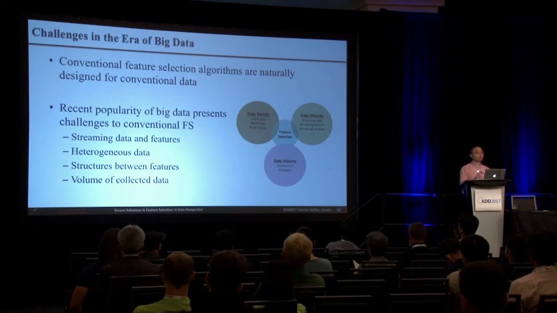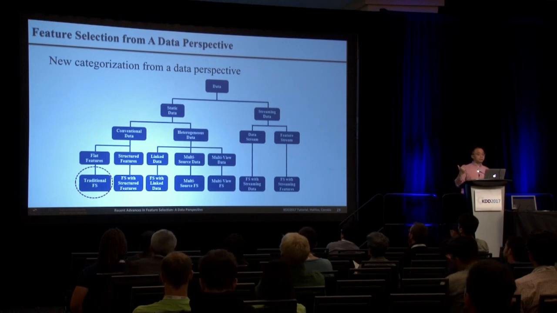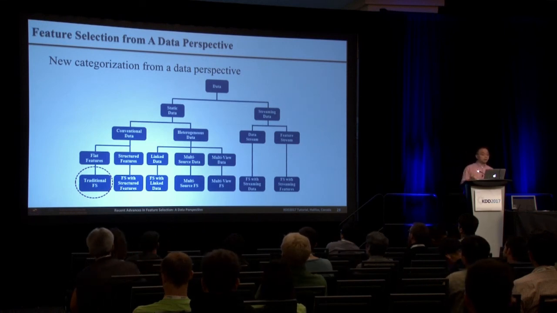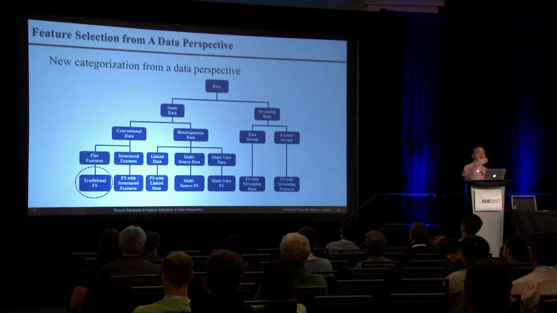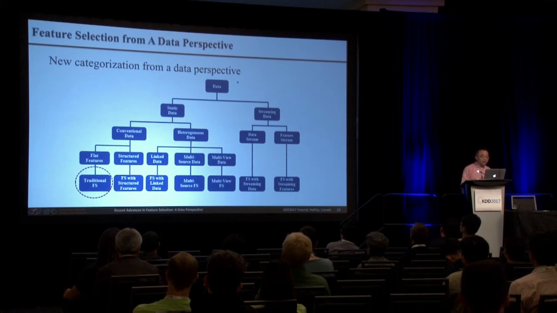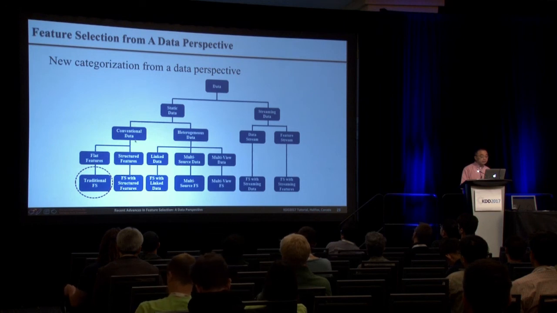So this tutorial is called From a Data Perspective, okay? Now, this is a very clear picture of how long this tutorial will be, okay? It's hopeless, huh? You will stay here until tomorrow, probably. Okay, so this is the data, static and streaming. Then we go down. We have conventional data and heterogeneous data. For conventional data, we have flat features and structured features.